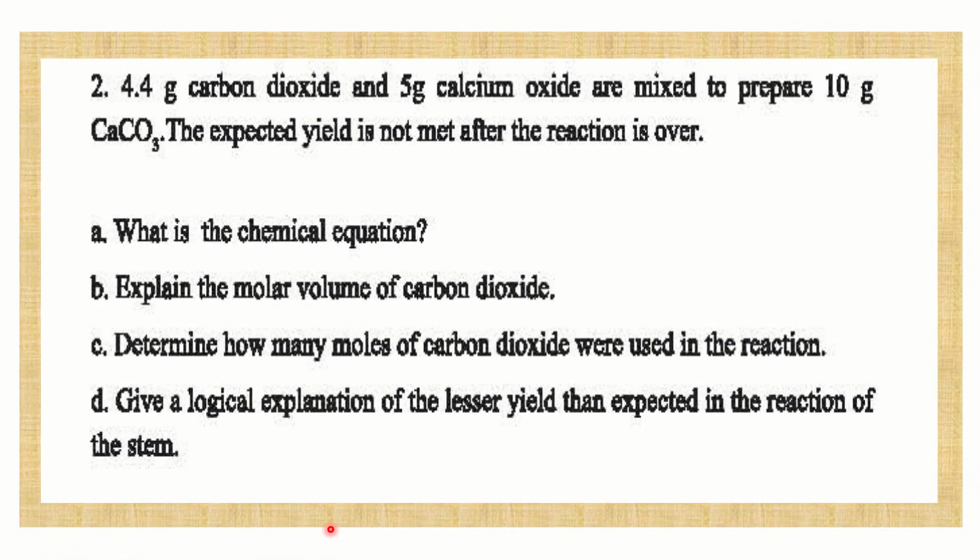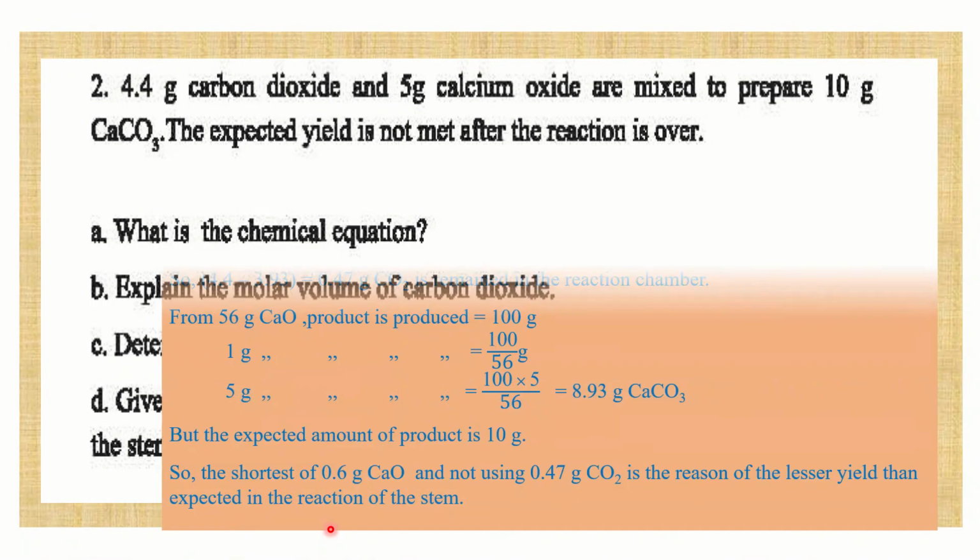One is the lesser amount of calcium oxide and the other is the remaining carbon dioxide. If the total carbon dioxide can be used, or if some more calcium oxide is present to react with the remaining carbon dioxide, then we can get some more product.